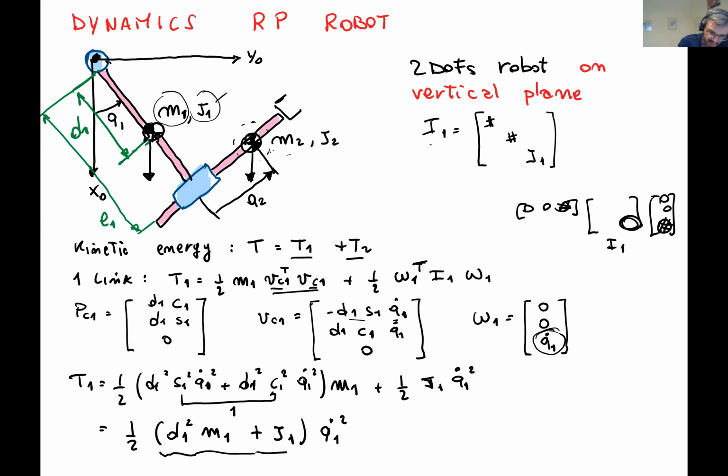So this J1 is just a rotation around the center of mass. If we want to apply the parallel axis theorem and define the inertia about another axis not passing through the center of mass, we need to add this other term, which is just a point mass rotating at a distance d1 around the z axis.